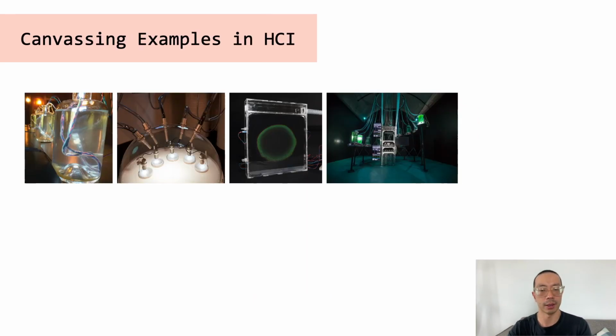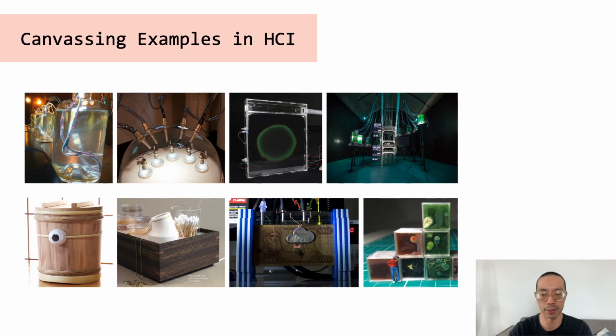In HCI, from transparent materials such as plastic and glass, to opaque and traditional ones such as wood, all with different sizes and shapes, various materials and forms of canvassing have been explored. They suggested how changing material properties of the canvas could help towards altering and crafting of the quality and meanings of microbial displays.